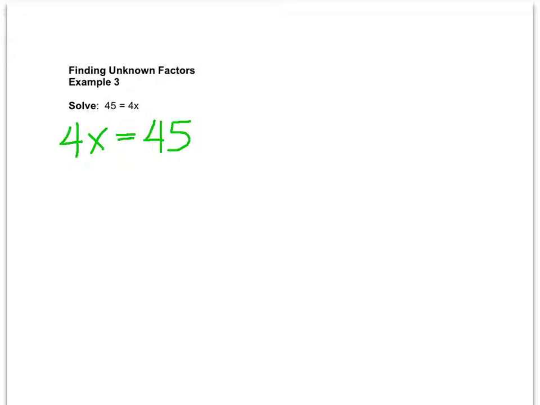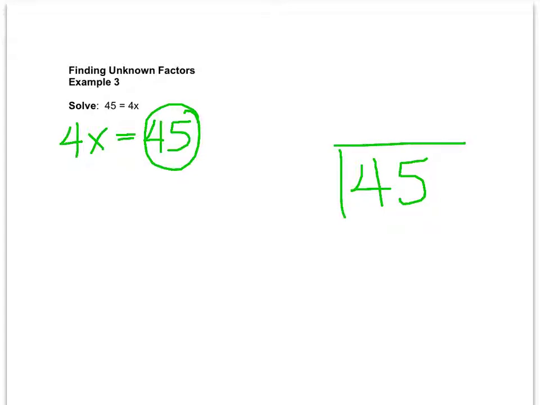So again, this is a multiplication problem. To find the unknown factor, we need to create a division problem. So the product becomes the dividend, the known factor becomes the divisor, and the quotient, the answer to this division problem, is our unknown factor.